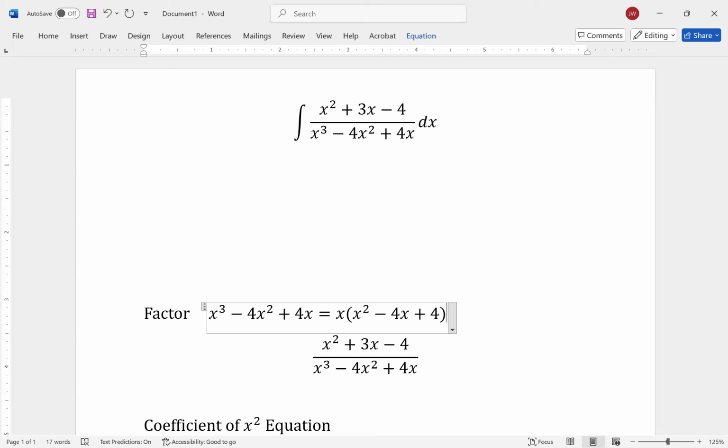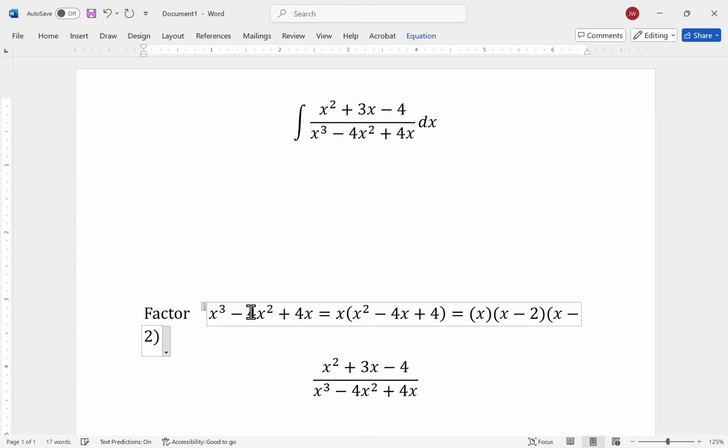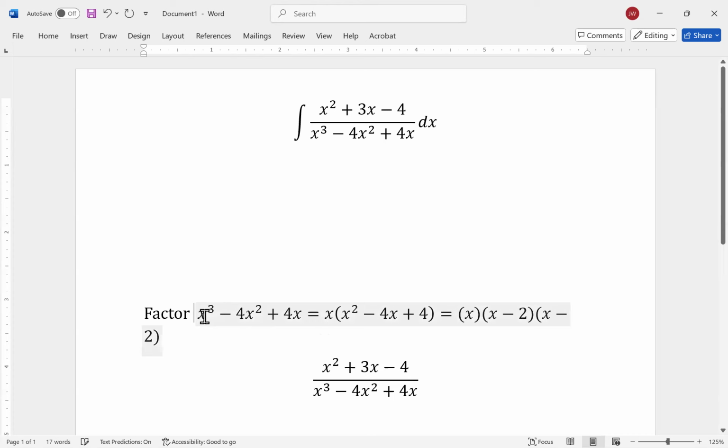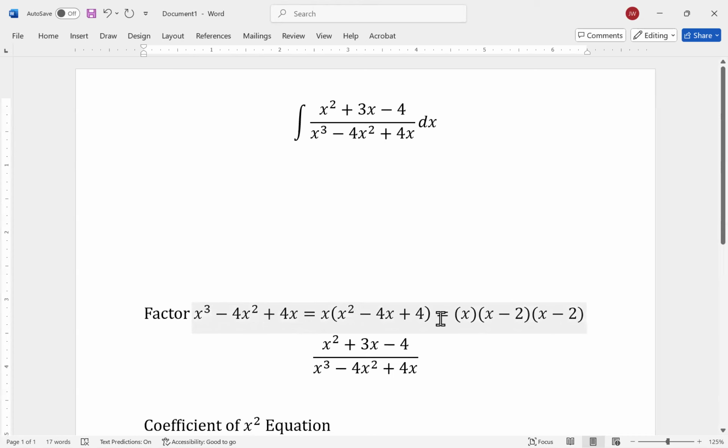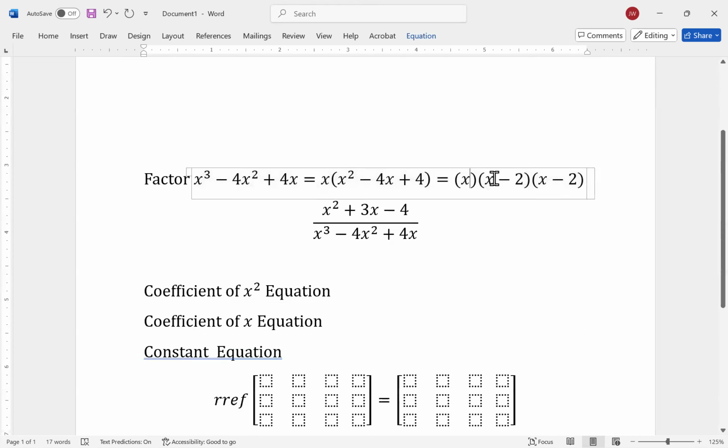That x squared minus 4x plus 4 breaks down into x minus 2 times another copy of x minus 2. So I get a pair of repeats and one factor that's distinct from the rest.